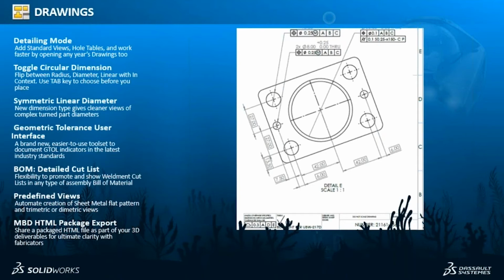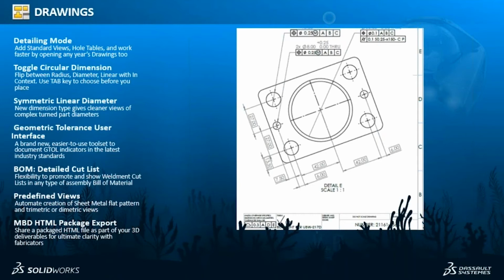That's killing us, and it's taking way too much time, and it's really making our experience not very pleasurable. So look at detailing mode if you haven't. If you're having those issues where you're opening drawings and it's taking quite a bit of time just to get working, the intention of detailing mode is to get you working. So check those out.